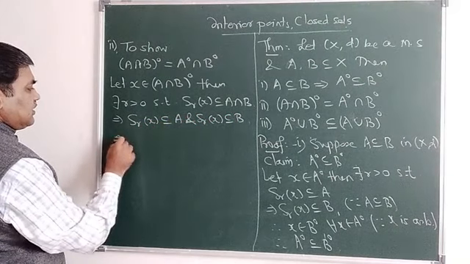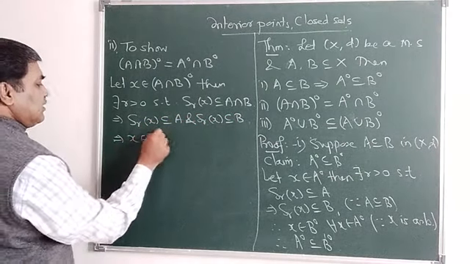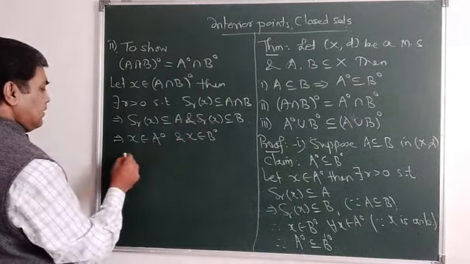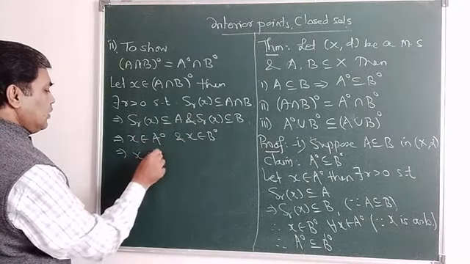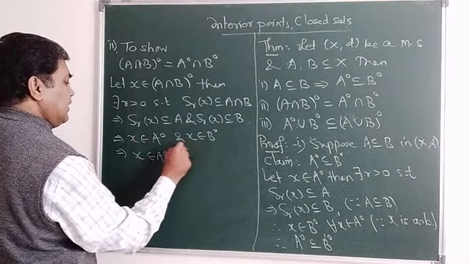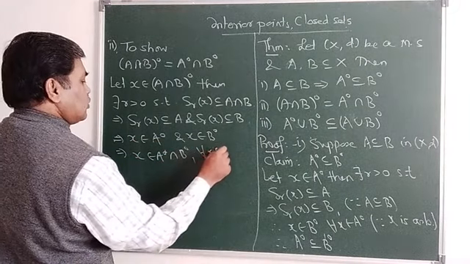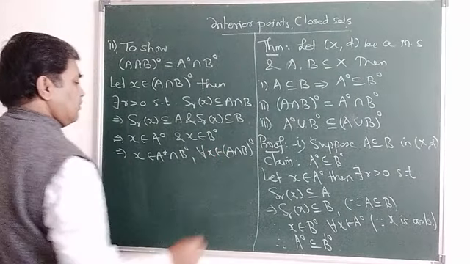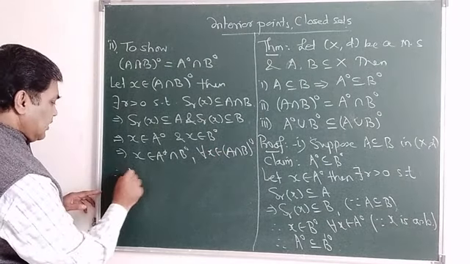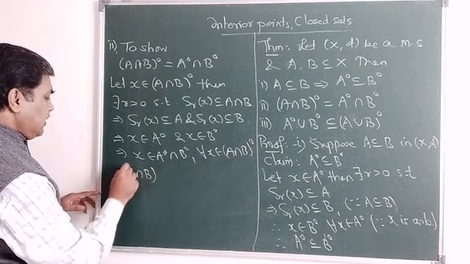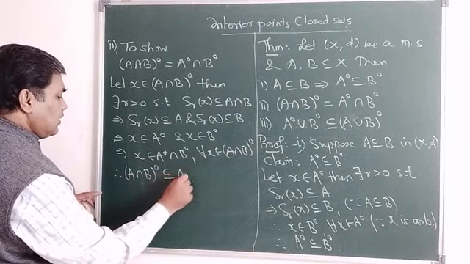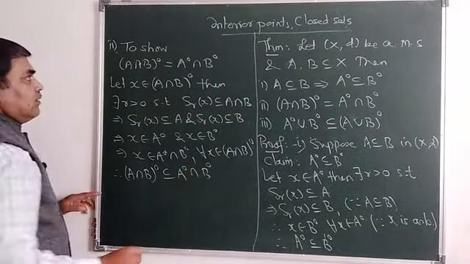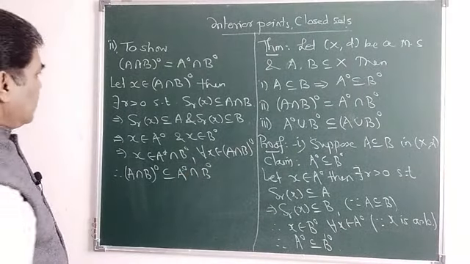Therefore, x belongs to A interior and x also belongs to B interior. This implies x belongs to A interior intersection B interior. For any x belonging to (A intersection B) interior, therefore, (A intersection B) whole interior is a subset of A interior intersection B interior. Okay.